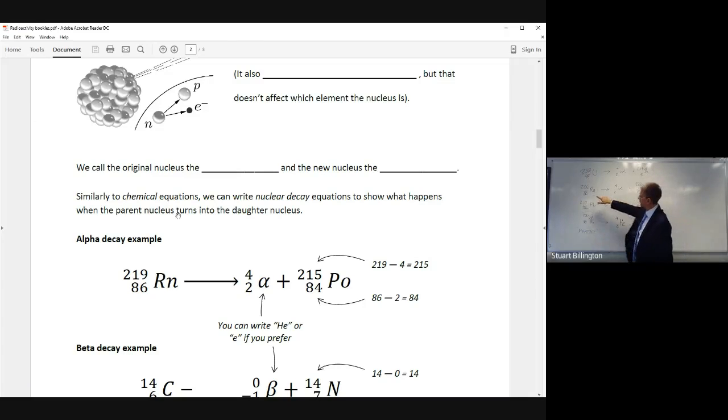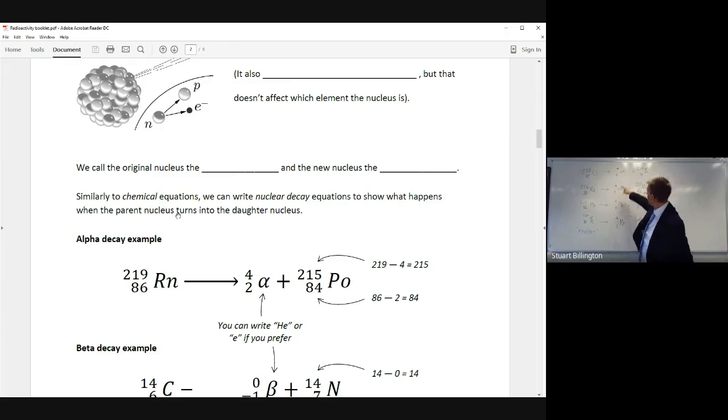So you can see that 88 take away 2 is 86, and 226 take away 4 is 222. Or another way of looking at it, 222 plus 4 is 226, and 86 plus 2 is 88. So you haven't lost any particles, you've just split them into 2 different places. Some got carried away by the alpha particle, and some got left behind.